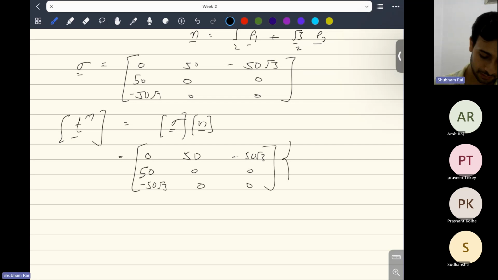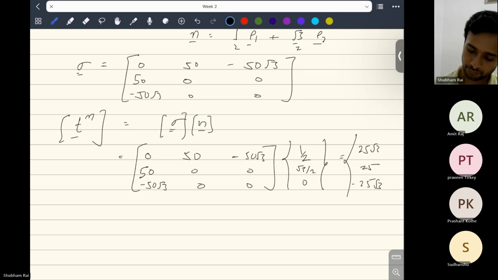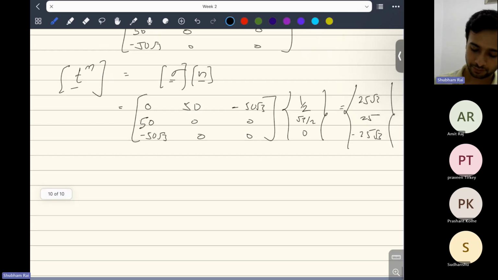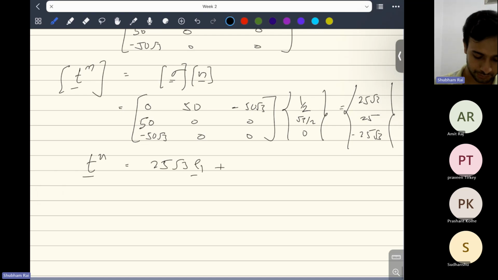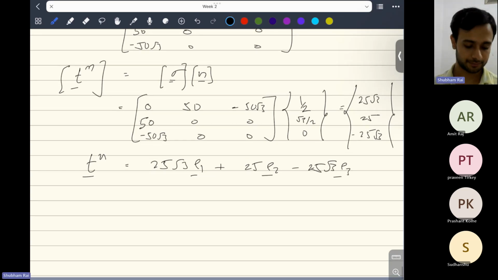And if you multiply with the normal vector 1 by 2, root 3 by 2, and 0, finally, what will you get? You will get 25 root 3. Just do the matrix and vector multiplication. So your traction vector finally will be given by 25 root 3 e1 plus 25 e2 minus 25 root 3 e3. This is your final answer.